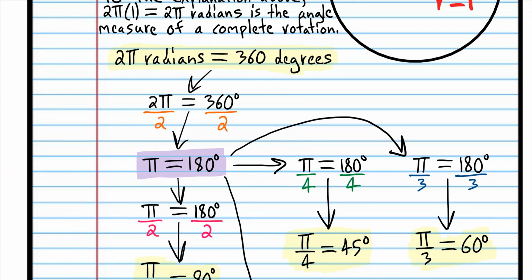Now, notice that we don't say pi radians is equal to 180 degrees. We just say pi is equal to 180 degrees. You're not really required to write the unit for radians. When you write a number in degree units, you do have to write the degree symbol. As you can see there in purple, we have 180 with our little degree symbol at the upper right. But when you write pi radians, you don't have to write out the word radians.